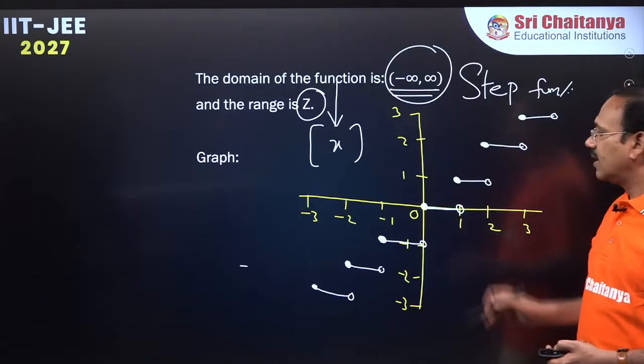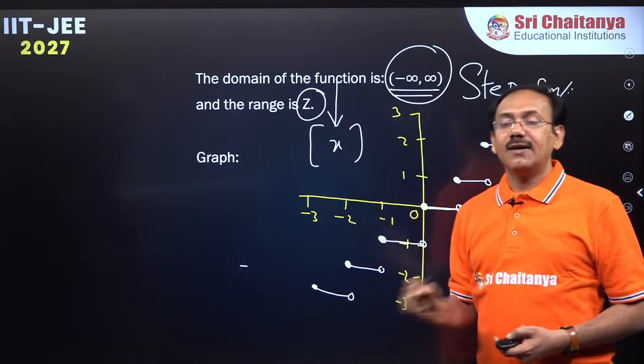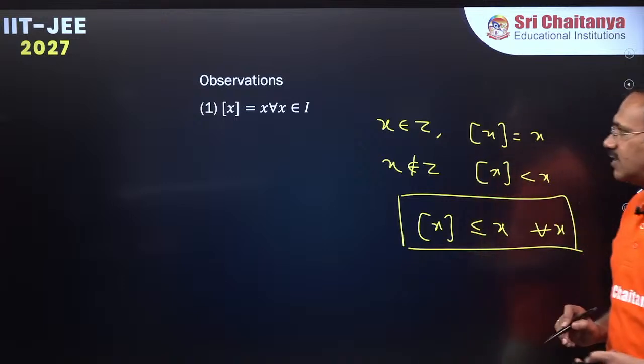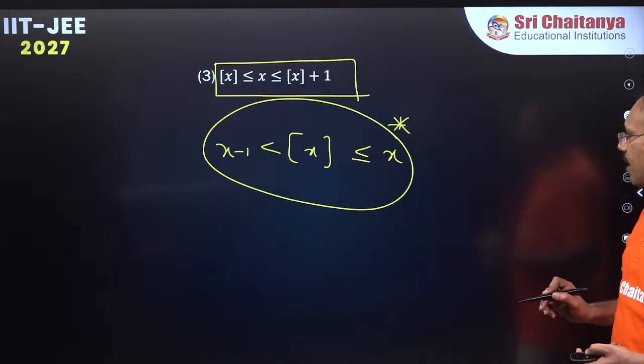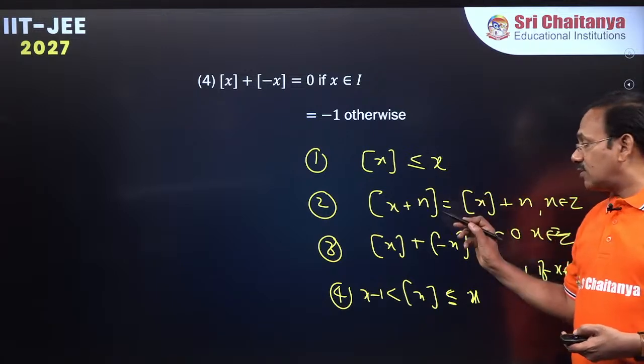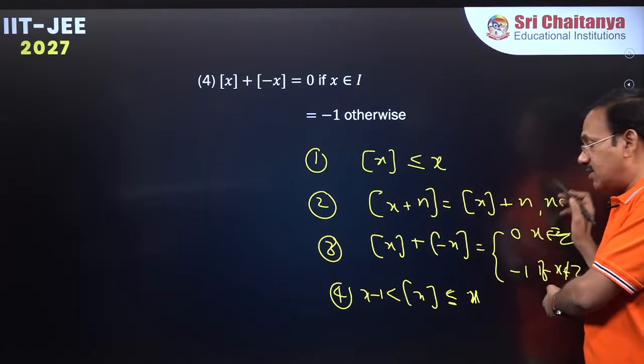This is important. The graph of step x will be like steps. The domain is R, range is integers, right? Next we have seen the graph. Important 4 properties I have written here. Step x is always less than or equal to x. Step of x plus n is step x plus n if n is an integer.